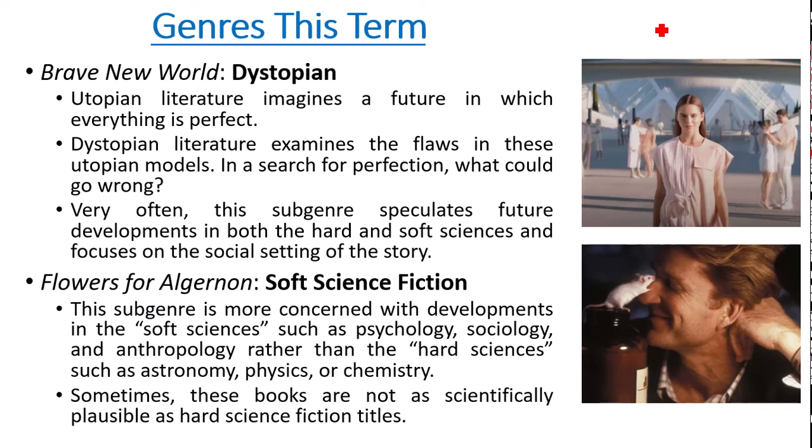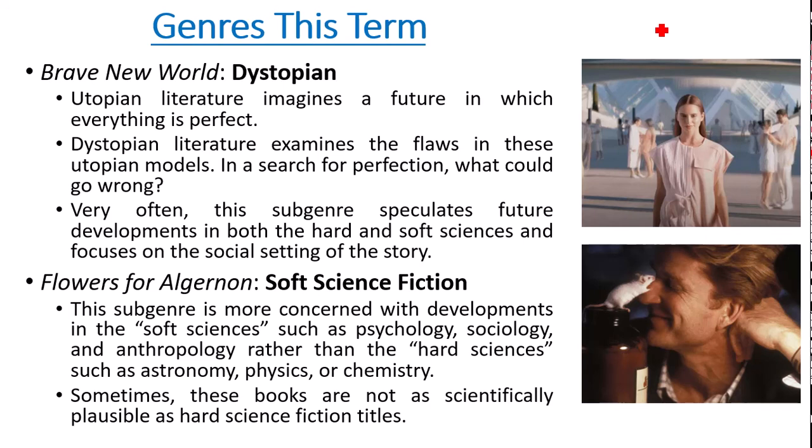Sometimes these books are not as scientifically plausible as hard science fiction novels. I think that with Flowers for Algernon, that's the difference. I think it is entirely plausible, and I think if the science were there, there would be quite a debate about it. There already is in some circles.